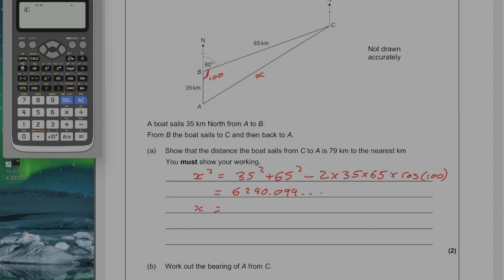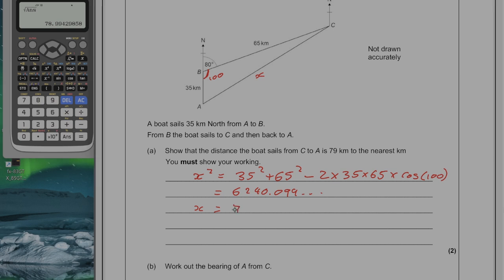So we want the square root of that, and that should be, there we go. So we've got 78.99, which is 79 kilometres to the nearest kilometre.